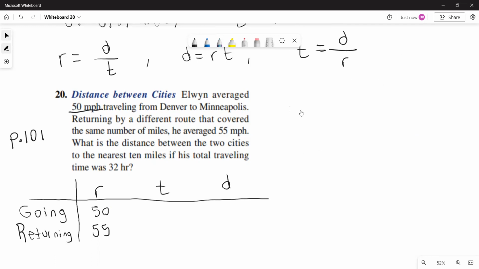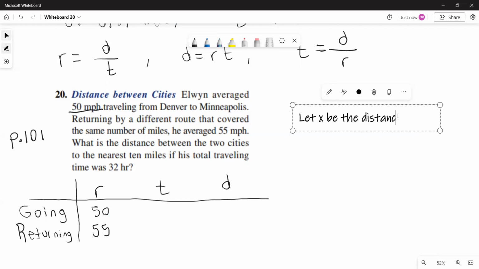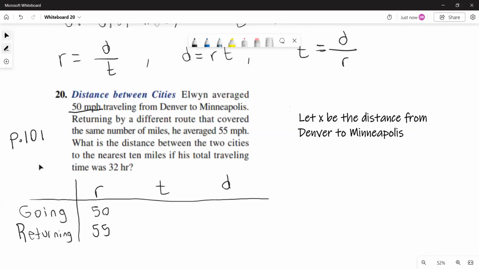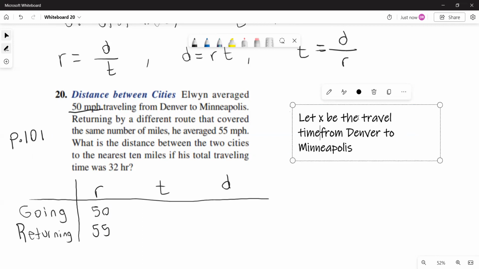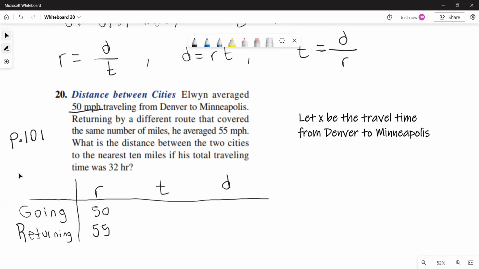Let X be the travel time from Denver to Minneapolis.